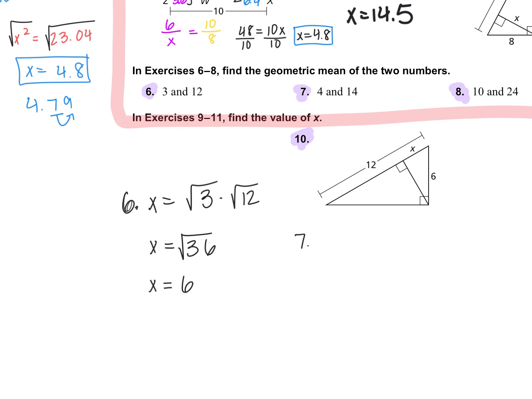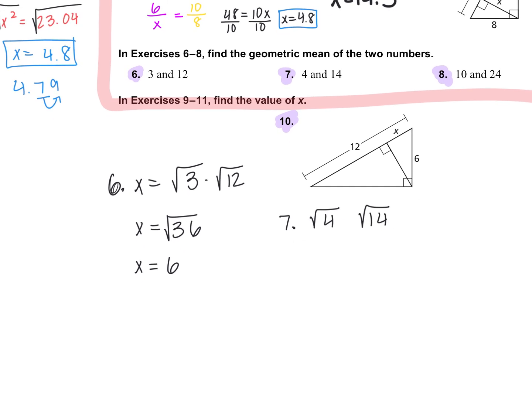Number 7, I have square root of 4 and square root of 14. Can I simplify any of these? Which one? 4. All right, 4 is a perfect root, and I'm going to get 2 as a whole. Can I simplify 14? Yes. 2 and 7. Square root of 7, square root of 2. I'm not taking them out of the root because I did not simplify it to a perfect root yet.